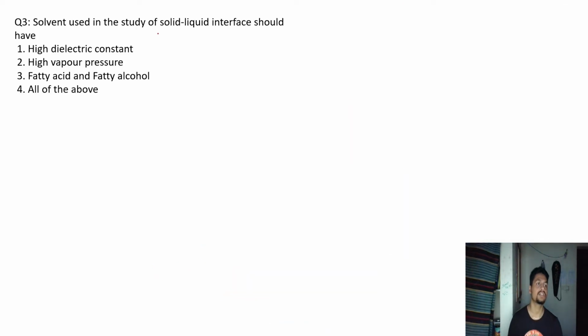So what is the third question? The solvent used in the study of solid liquid interface should have... You can find this in lecture number 19, where the professor has discussed the solid liquid interface a bit.